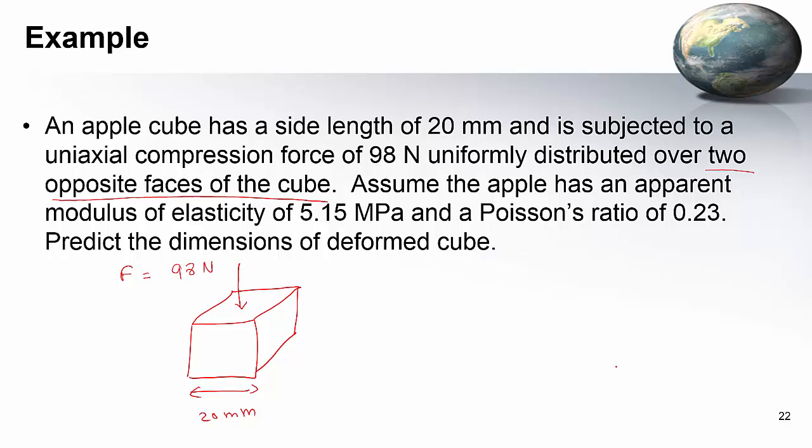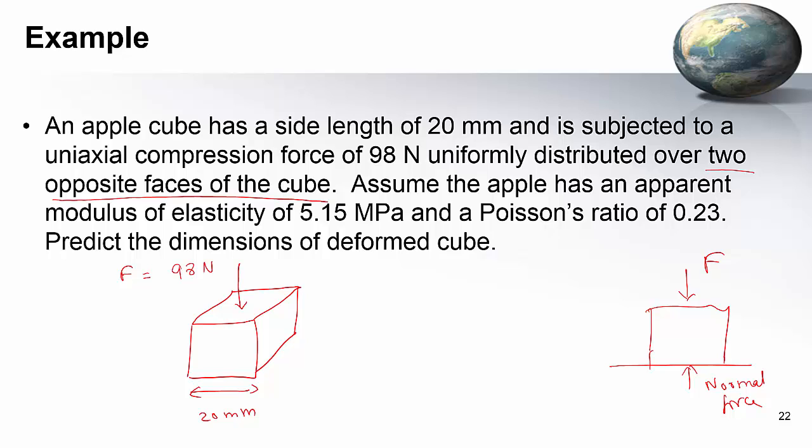Well, when you basically apply a force in one direction, there is a normal force always acting upwards, right? So that's the ground reaction force. That's why it's called on both sides. So you can just take it as F is equal to 98 newtons.